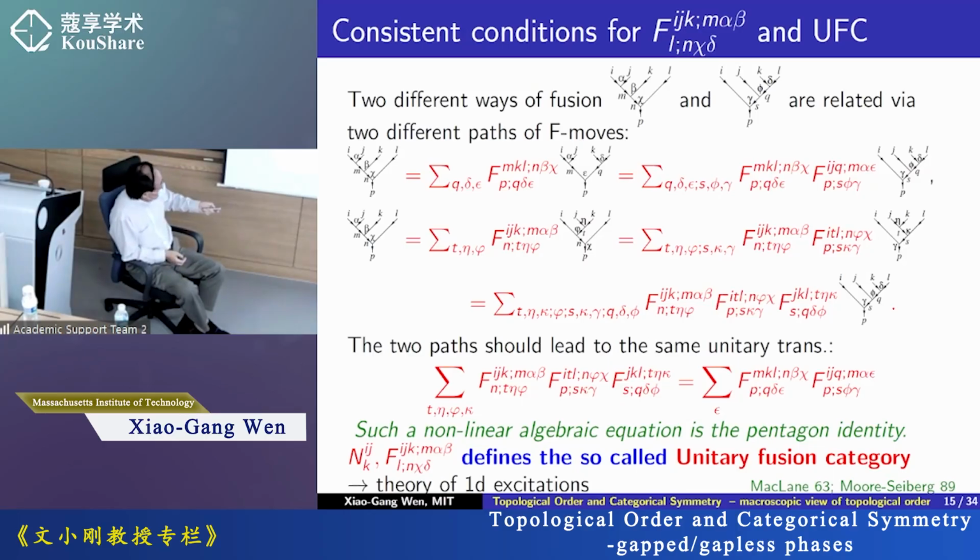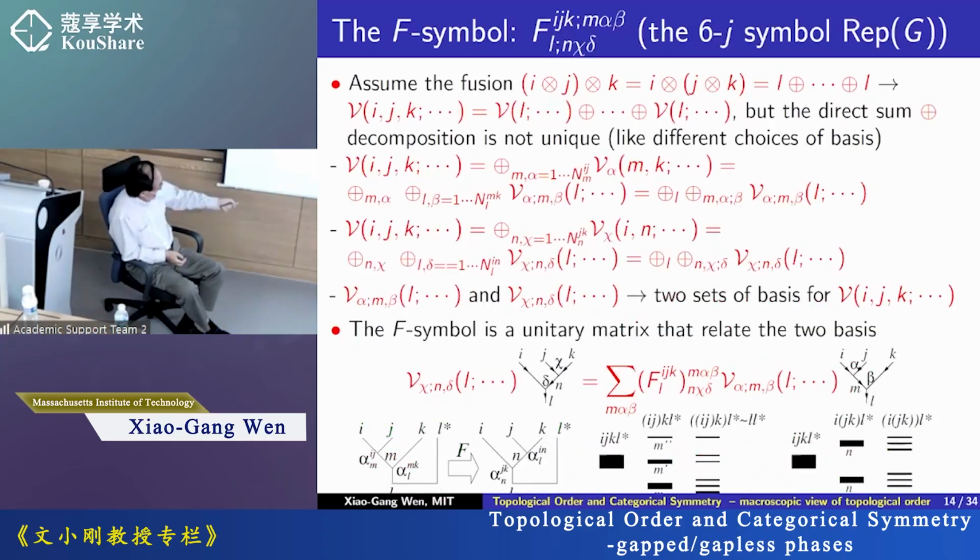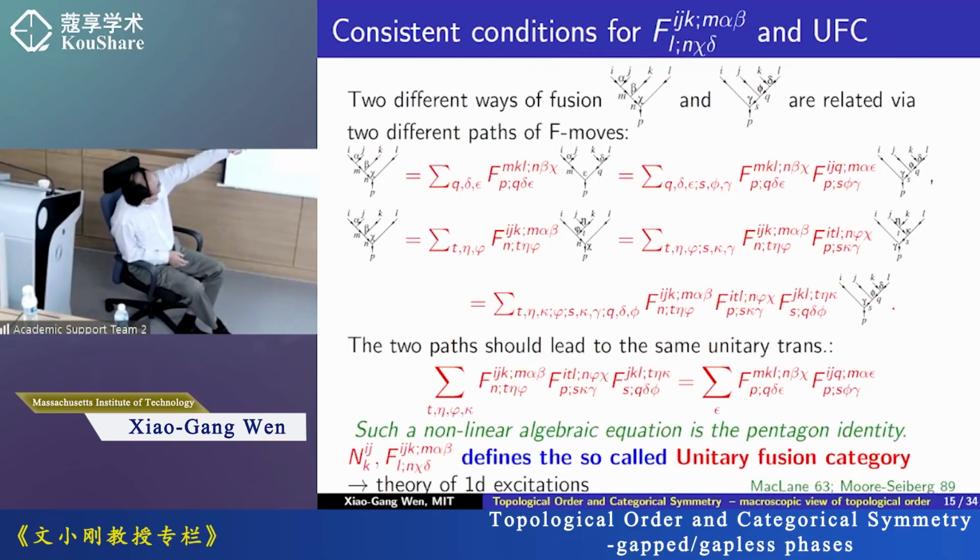So basically, I'm really using this graph. This graph and this graph are related by this F matrix, the changing of basis. And then we can bring in J fusing with I first here. Then we say J fuses with Q first. Again, switching order. So that is another F matrix.